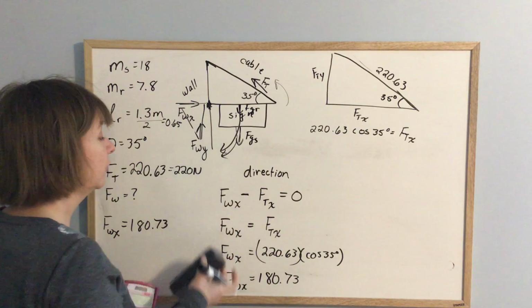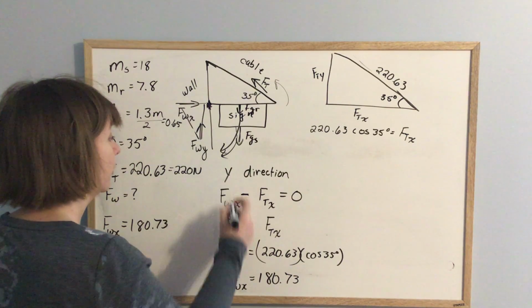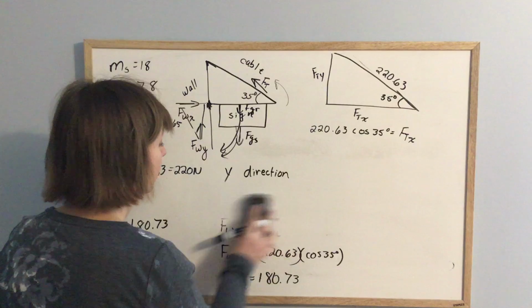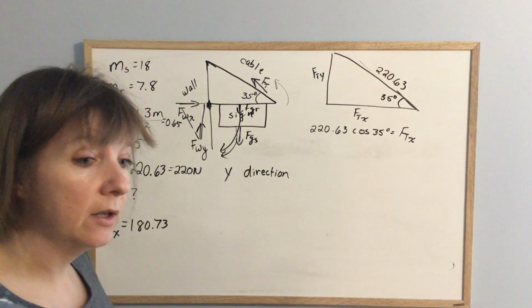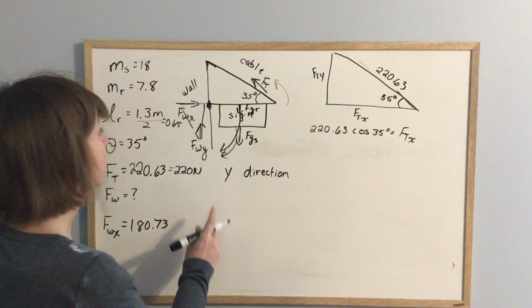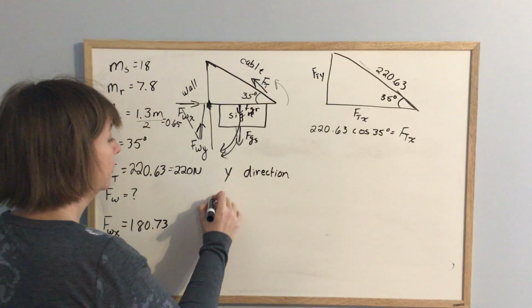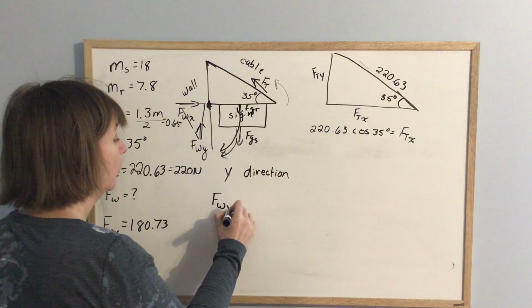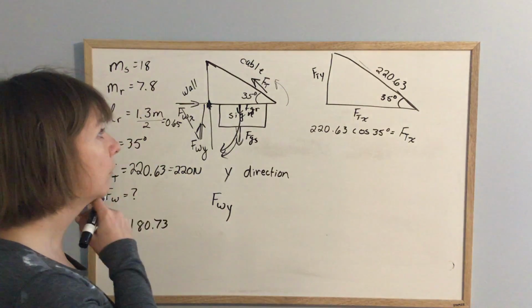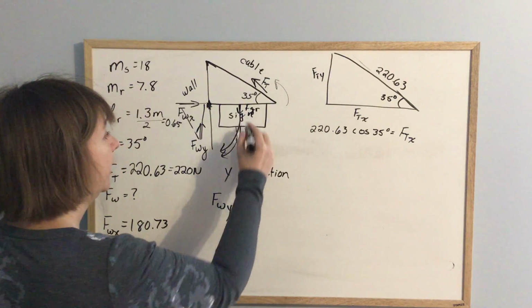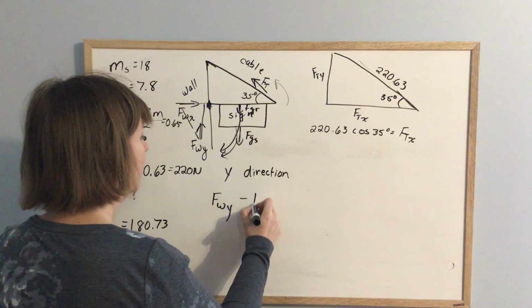So now we have to look at the y direction forces. What forces are working in the y direction? Well, pushing up, we have the y component that the wall is exerting. It's holding the rod up. We have the force of gravity on the sign.